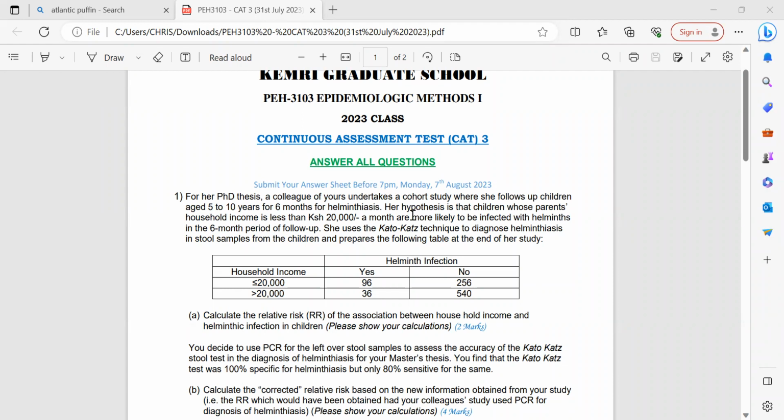No. So the relative risk here would be 96 over 96 plus 256, divided by 36 over 540 plus 36. Repeat again: 96 over 96 plus 256, divided by 36 over 36 plus 540.